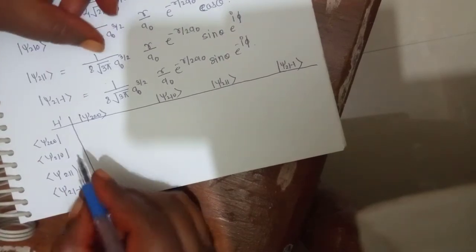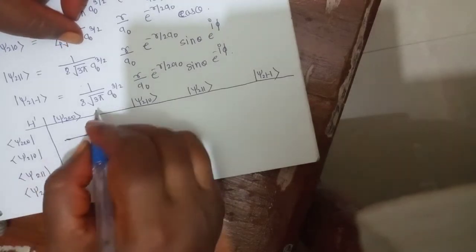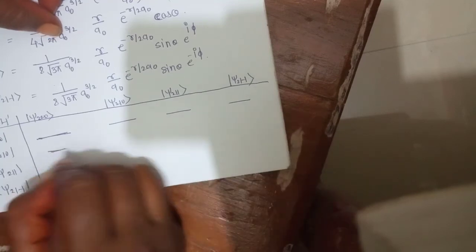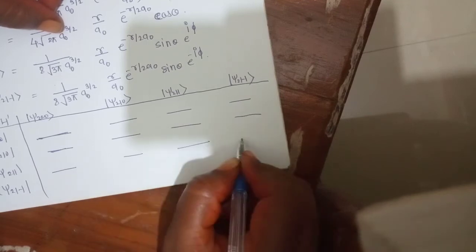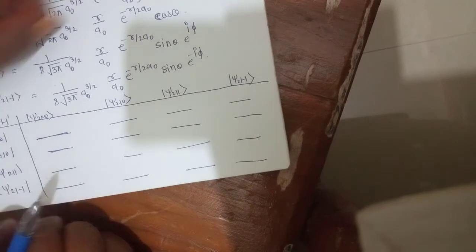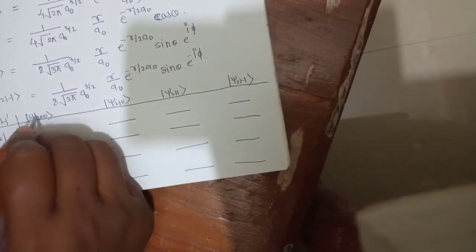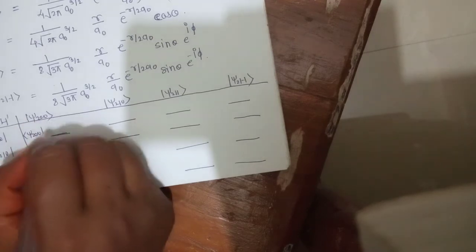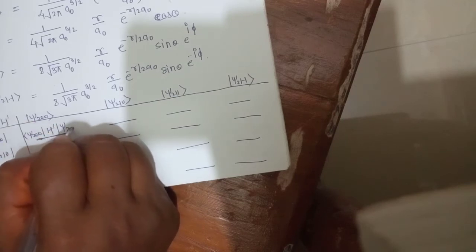Then we will get the first element, second, third, fourth, fifth, sixth, up to the sixteenth; we get a 4 by 4 matrix. First row, first column: bra psi 200, H prime, psi 200.